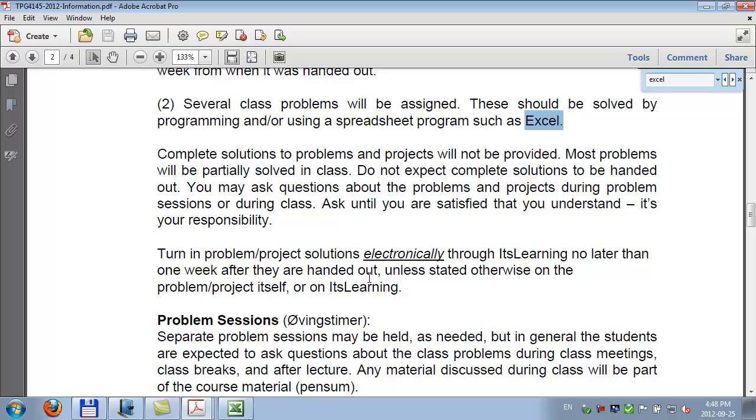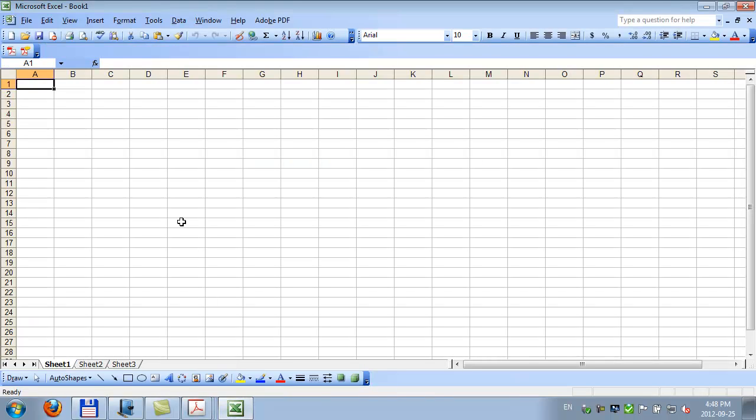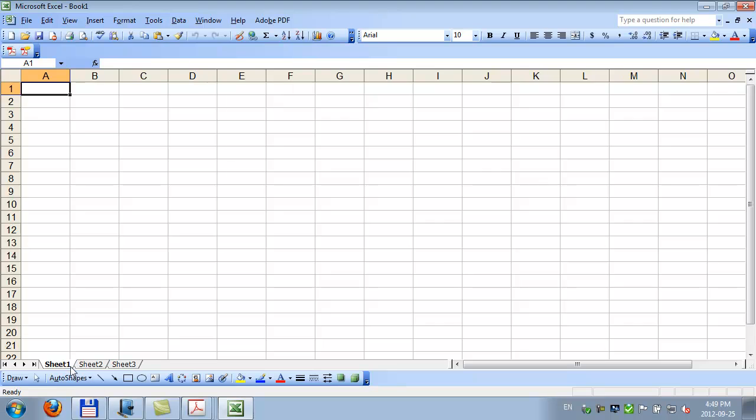So that's good. We're going to go in and do this. This first one's just going to be a flash calculation.